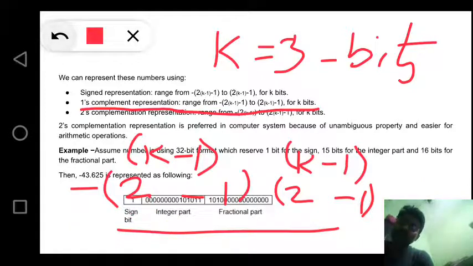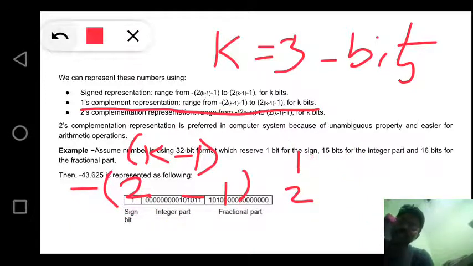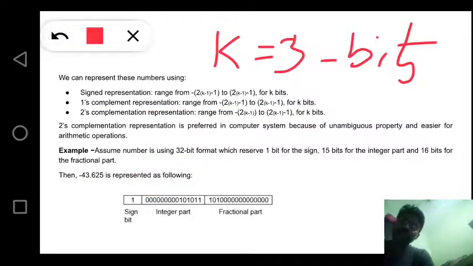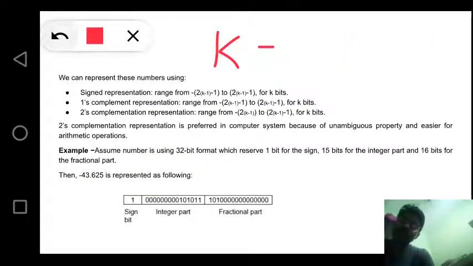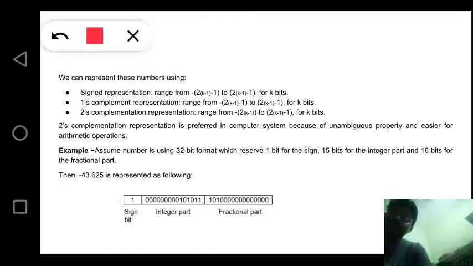But before that, we should understand what is meant by ones complement. We will discuss in detail, but just for understanding purpose, ones complement means, let's take 100. Complement means make 1 a 0, 0 a 1.